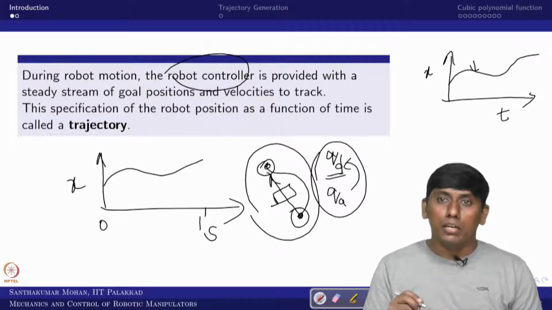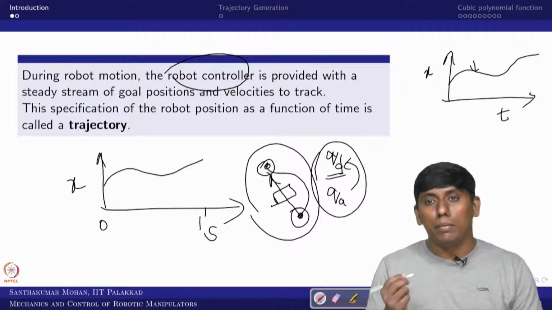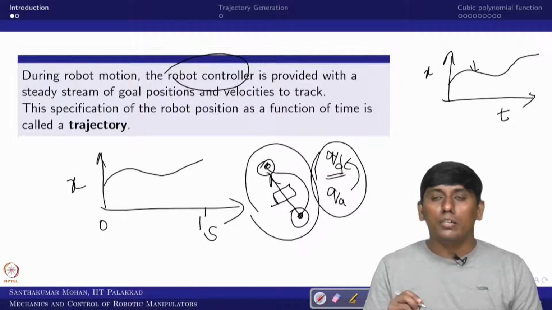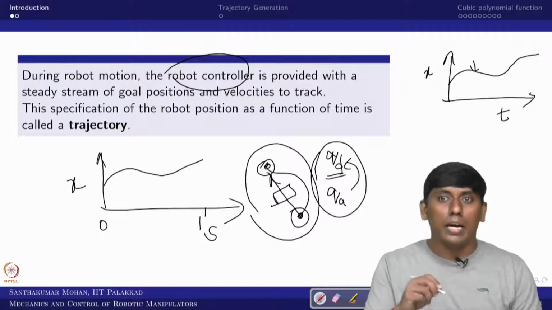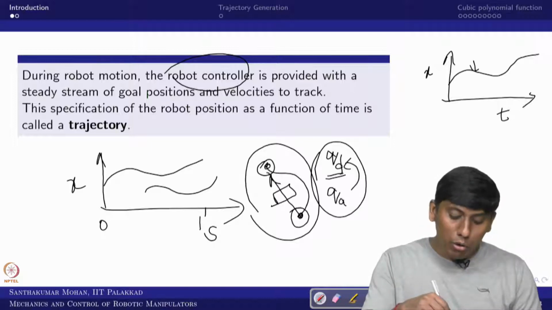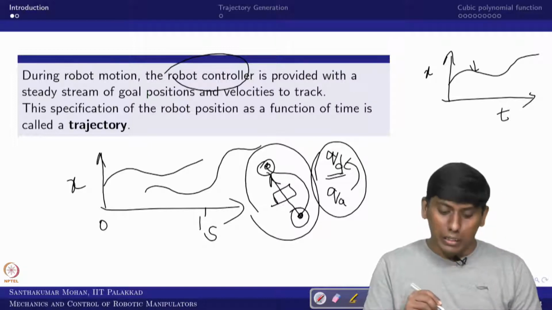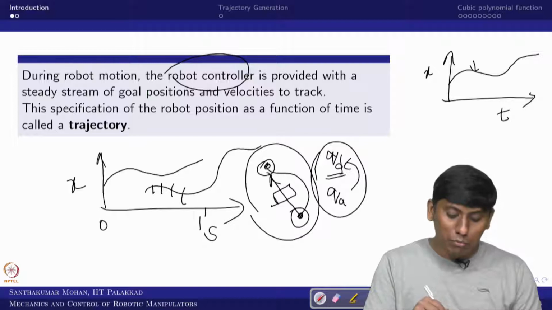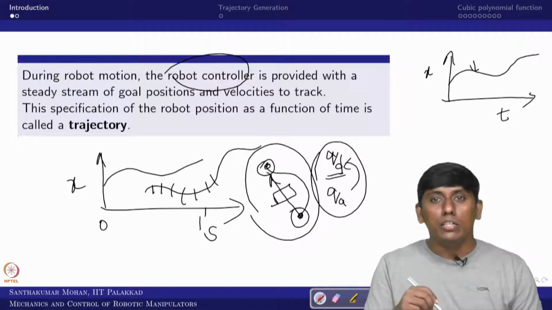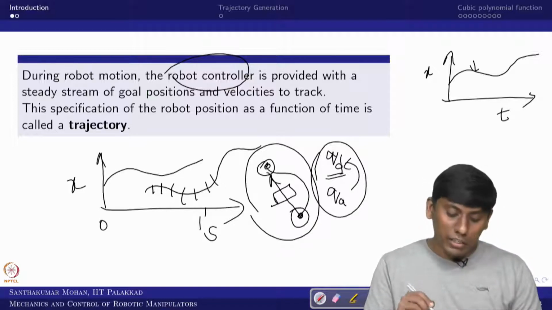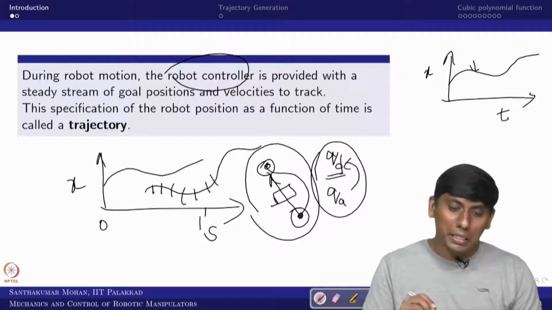Whereas if you take a milling machine, or you are trying to draw a diagram, then you have to follow a certain manner, and each and every time would be defined. So that is the point we are bringing here.